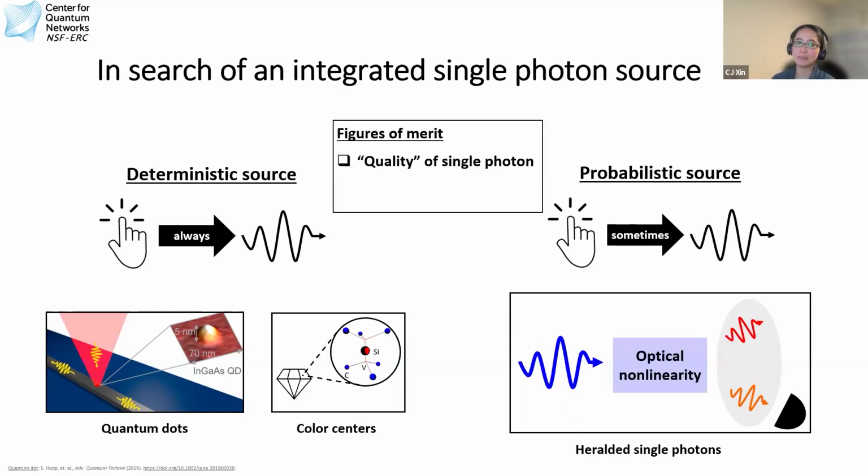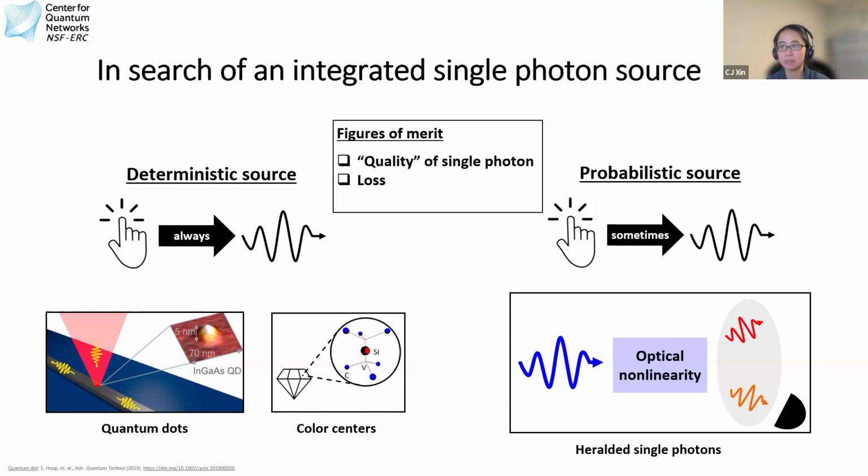But most of the time, what we mean is that it really has to be a single photon. It can't be an n equals 2 Fock state, for instance, in the mode that you want. You don't want that, or it can't be a coherent state for whatever reason. And the other thing is that you need to be able to interfere them. So ideally, you need them to be indistinguishable.